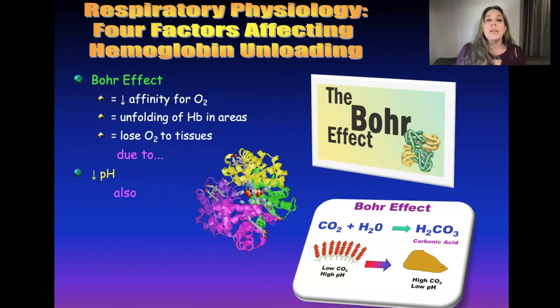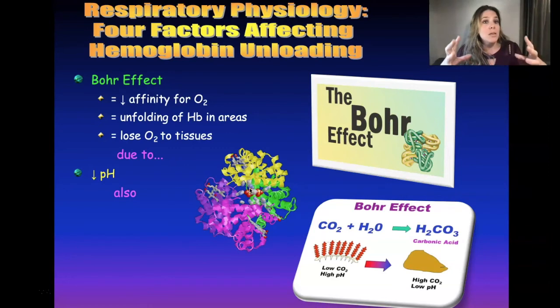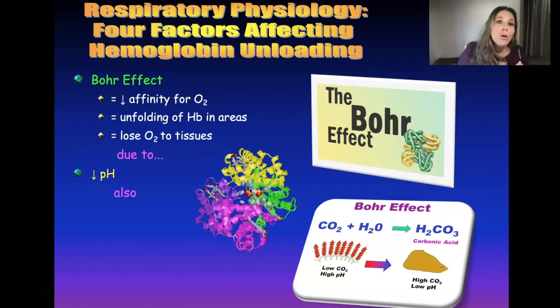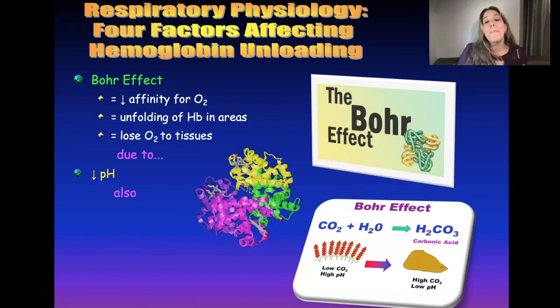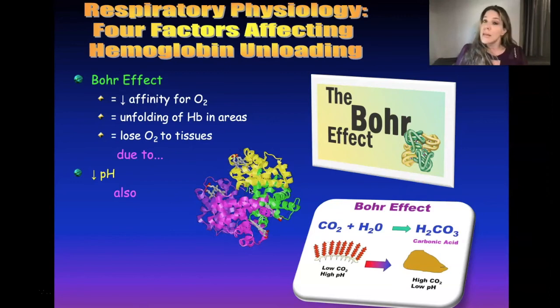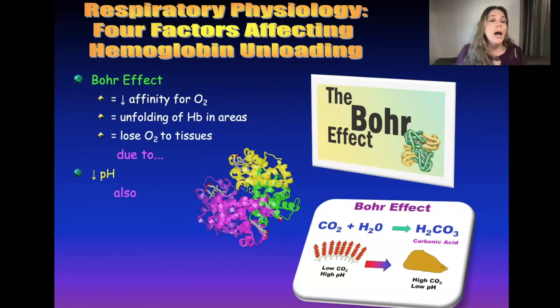And principally, this can happen with pH. So as pH decreases, as it becomes more acidic, if you remember back from some of your early lessons you learned about proteins, you'll remember that proteins denature in acidic environments, under high temperature, under high electrical gradients. And so the Bohr effect specifically addresses pH.